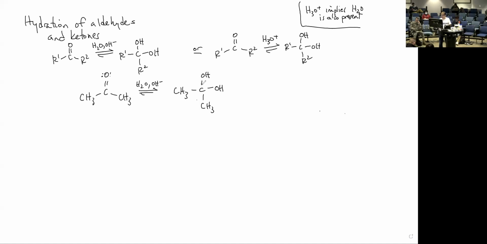And again, a reminder I should have said from the beginning, remember that in all these cases, we go from an sp2 hybridized carbon to an sp3 hybridized carbon. We go from 120-degree bond angles in trigonal planar geometry to 109.5-degree bond angles in tetrahedral geometry.